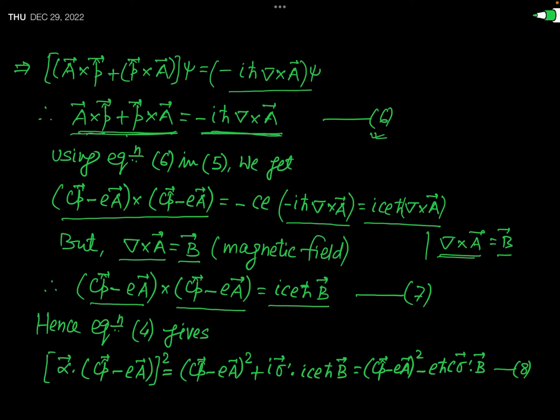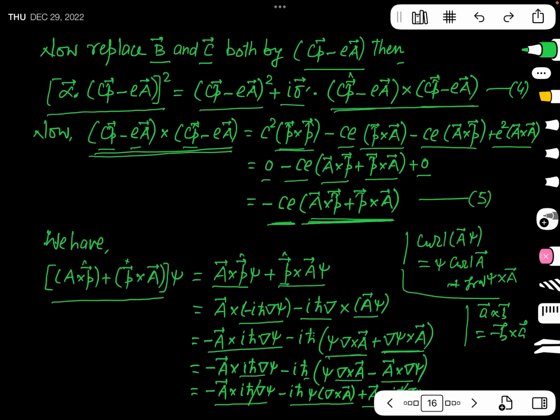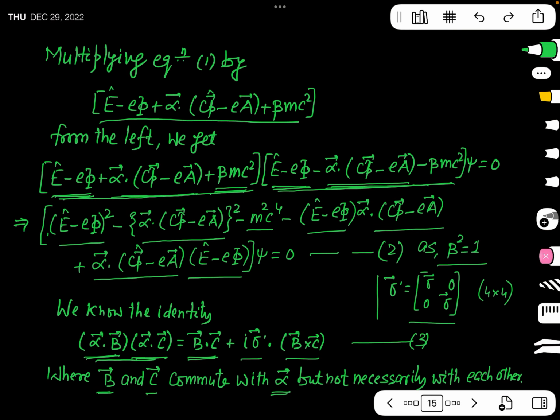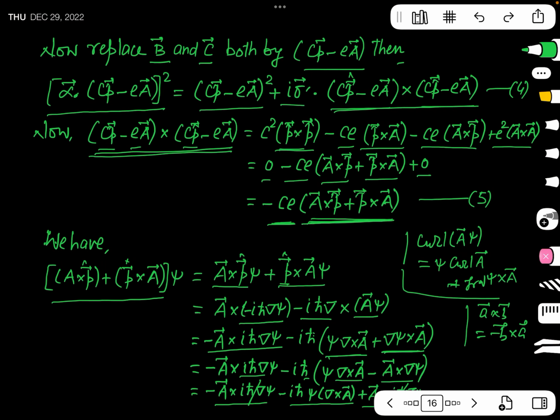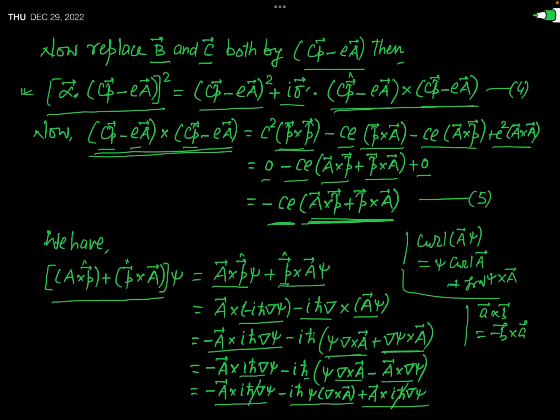Now we will substitute this value of this product, which we have obtained in equation 7, into equation 4. So let us see what will be our result. See equation number 4. Where is equation 4? See, this is your equation number 4. In the LHS there is alpha dot (Cp minus eA) whole square.